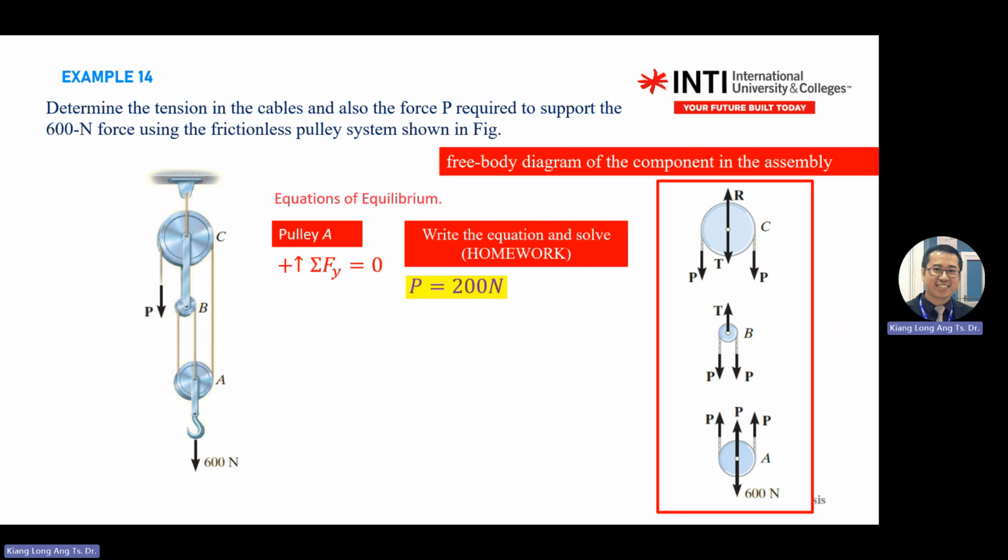Once you have the P, move to the next one. So 200, 200. T is 400. T is 200. T is 400. So 400, 400, 400, 200, 200. What is your R? If all the forces in Y equal 0, what is your R?